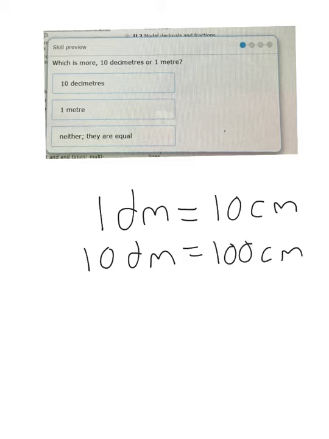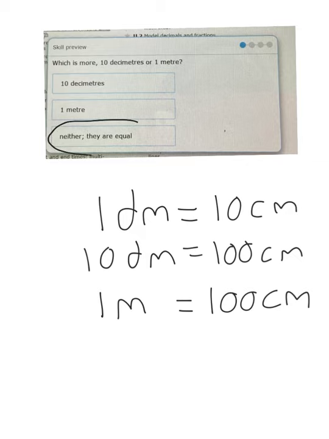We've also talked about the fact that 1 meter equals 100 centimeters. So therefore, these are equal because 10 decimeters equals 100 centimeters and 1 meter equals 100 centimeters. So neither, they are equal.